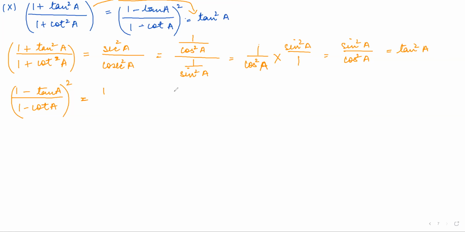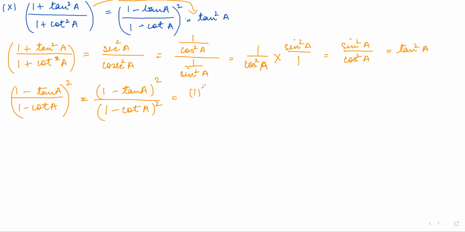Okay. So this is 1 minus tan A whole square, right? So the square is outside now. And similarly 1 minus cot A whole square. So I have just written the numerator and denominator separately. So this is A minus B whole square now, right? It will be opened by using the identity A minus B whole square.